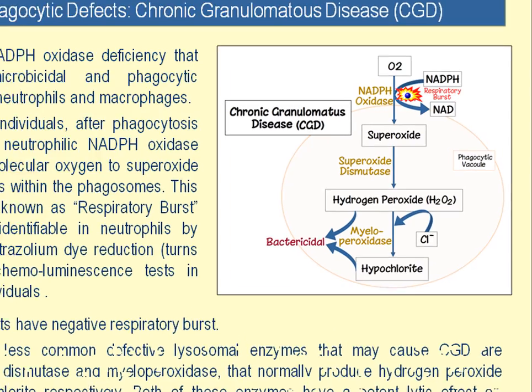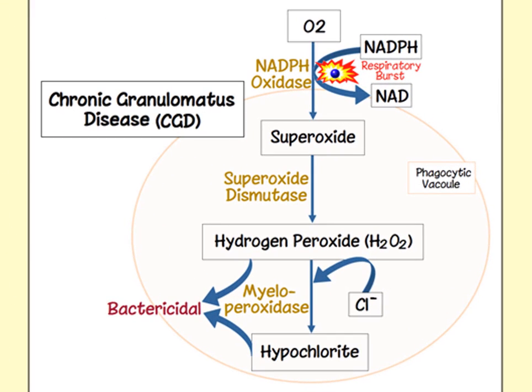Two other less common defective lysosomal enzymes that may cause CGD are superoxide dismutase and myeloperoxidase, that normally produce hydrogen peroxide, this is superoxide dismutase, and hypochlorite, this is myeloperoxidase. Both of these enzymes have a potent lytic effect on phagocytized bacteria.